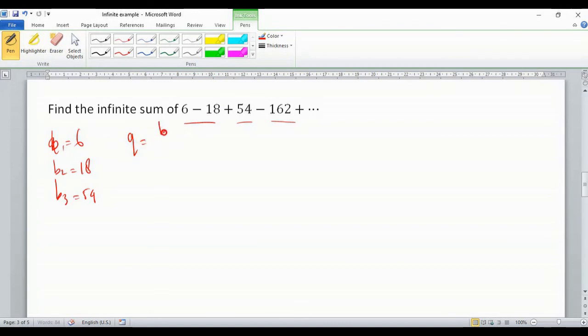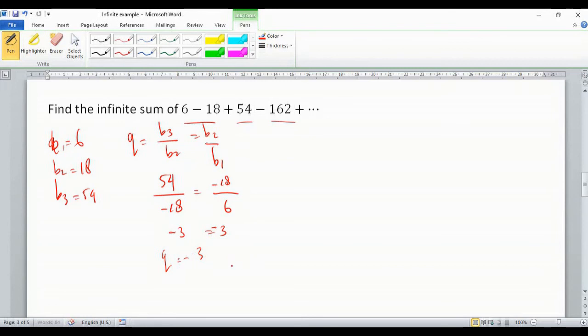The ratio is b3 over b2 equal to b2 over b1. b3 over b2 is 54 over minus 18, which is minus 3, and b2 over b1 is minus 18 over 6, which is also minus 3. Okay, the ratio is correct. Minus 3 is the same.